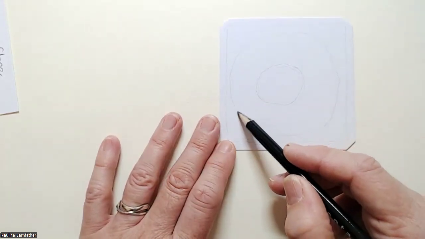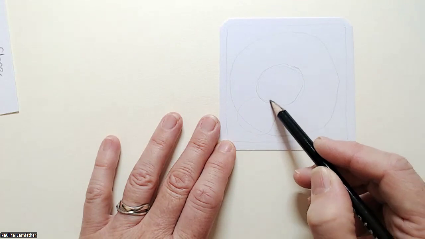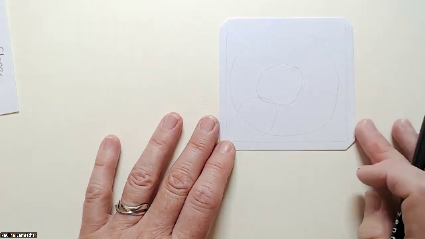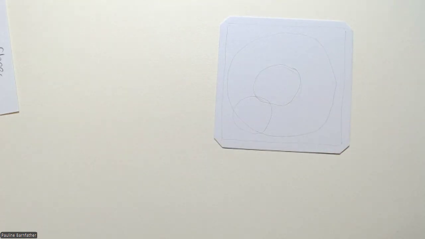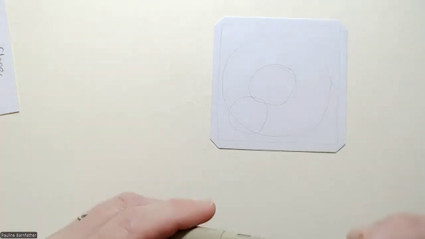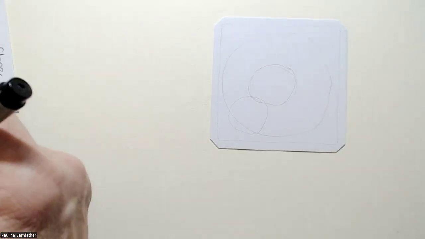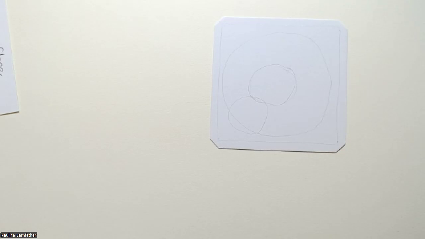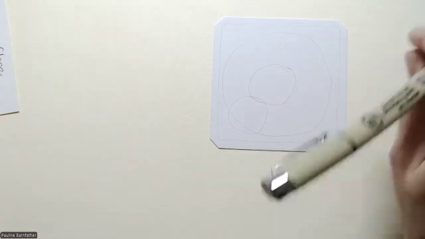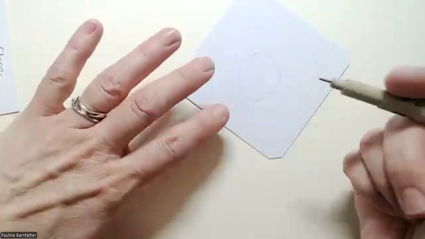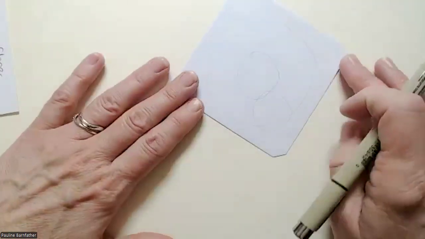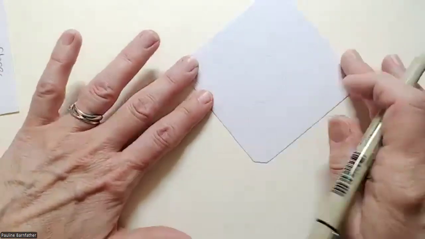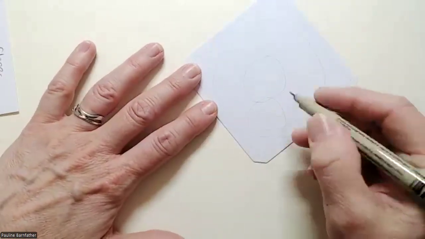I'm just going to do a little circle here, just so I kind of remember that I'm going to do a little gem there. And then I'm going to take my pen, and I will just stick with the 3mm one. And I will start by doing my gemstone.